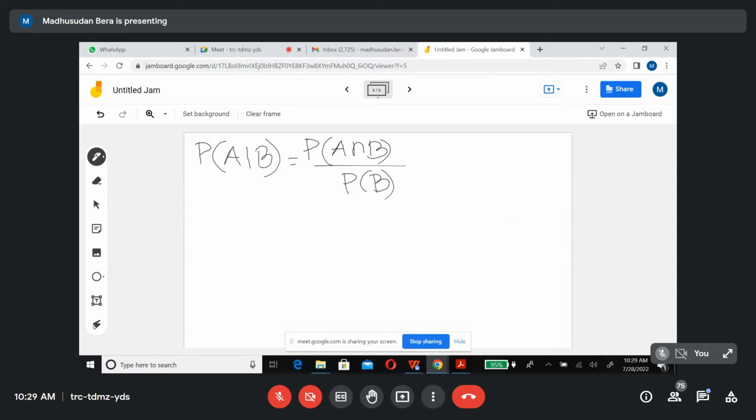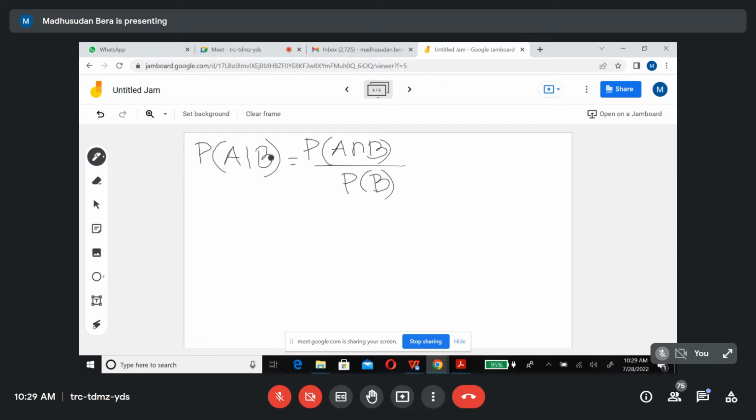So A and B are independent. See, actually here P of A given B means that the event B has occurred, assuming that, we are finding the probability of A. That is P of A given B. So obviously it depends on B. Probability of A depends on B. So if it does not depend on B, then what will that be?